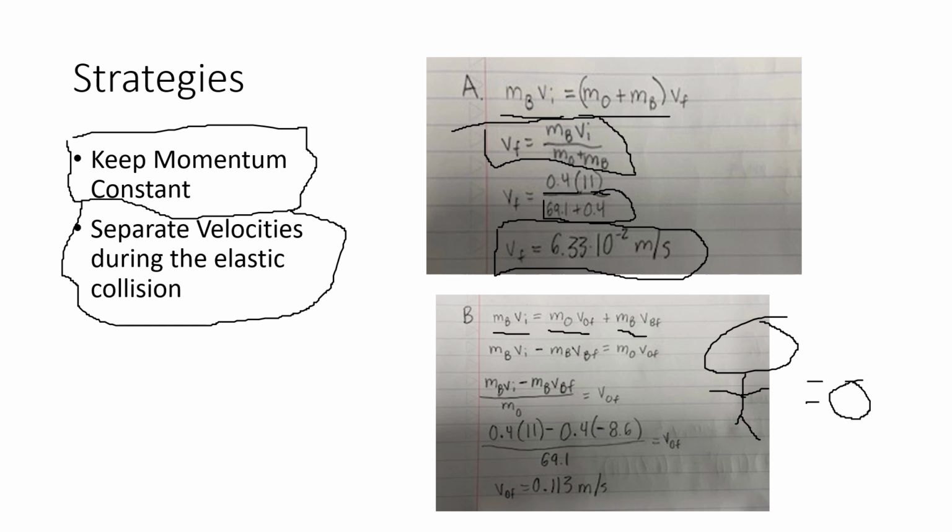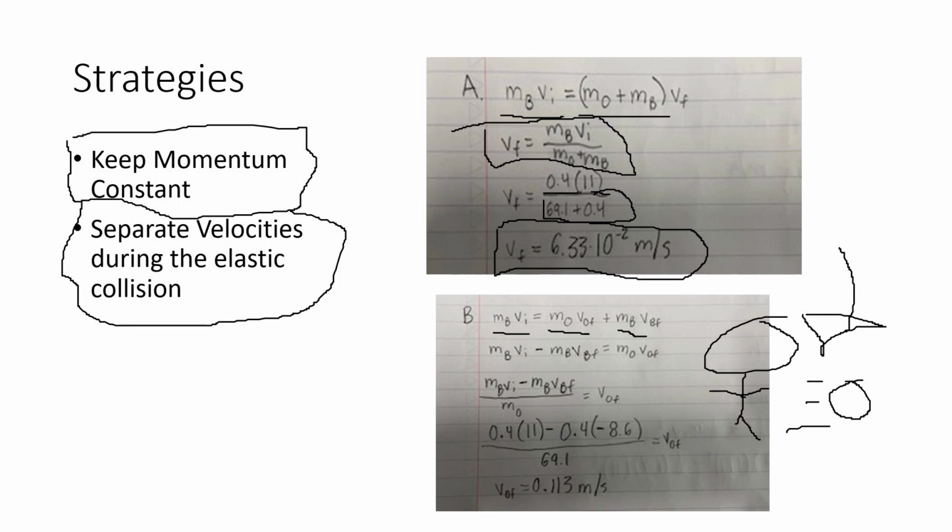The momentum of the ball that bounced off must be added to Olaf's momentum to compensate and make it so that momentum is still conserved. Using this idea, we can solve for the final velocity of Olaf.